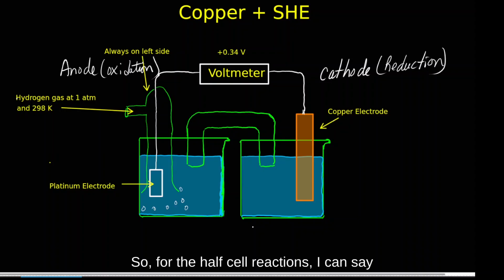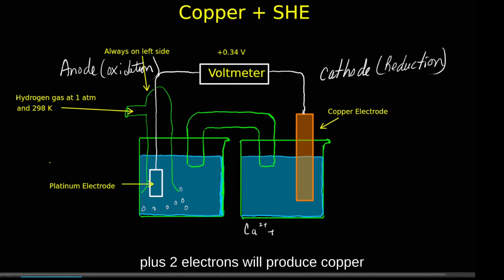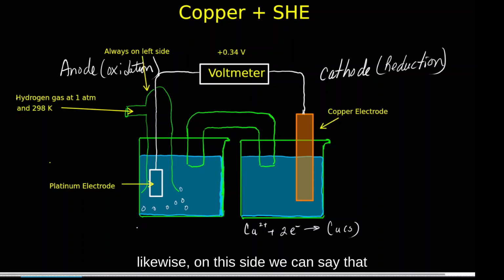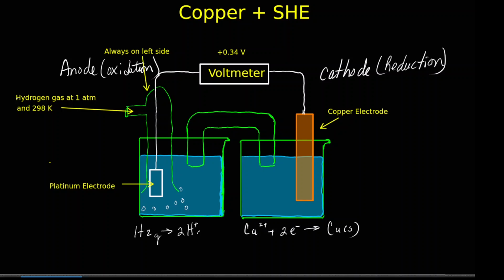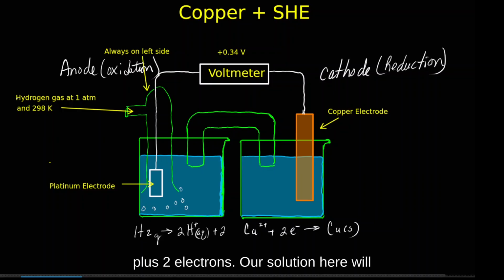So for the half cell reactions, I can say here that copper 2 plus plus 2 electrons will produce copper solid. Likewise, on this side, we can say that hydrogen gas will produce 2 hydrogen ions plus 2 electrons.